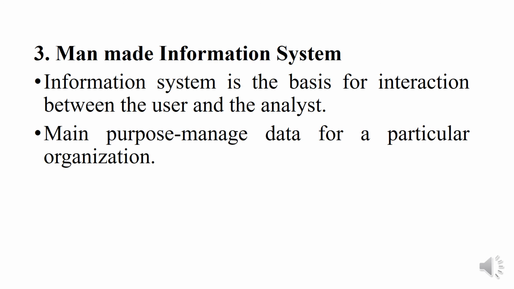If you think about who the persons are who deal with the organization's data, the organization's data is completely dependent on what types of users are associated with the organization, and the data analyst. So this information system is interacting with the users or the data analysts who are situated in the organization.